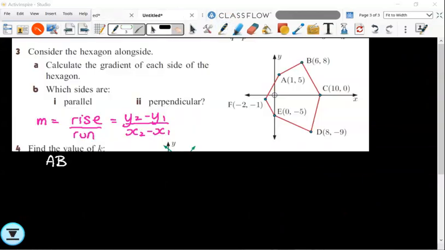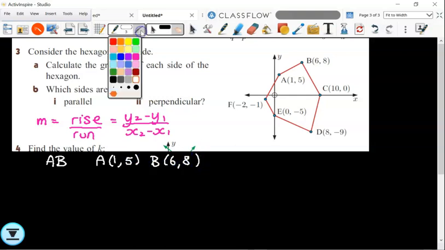I would strongly recommend that you write the points down on your page rather than constantly looking up at the book because you are going to accidentally combine other points, especially when you do some of the later ones. So if this was me, I'd write on my page, A is 1, 5 and B is 6, 8.